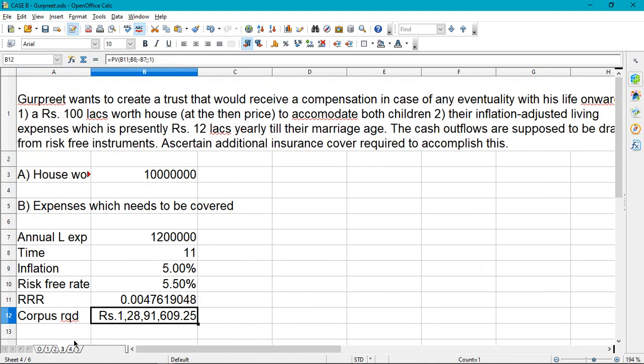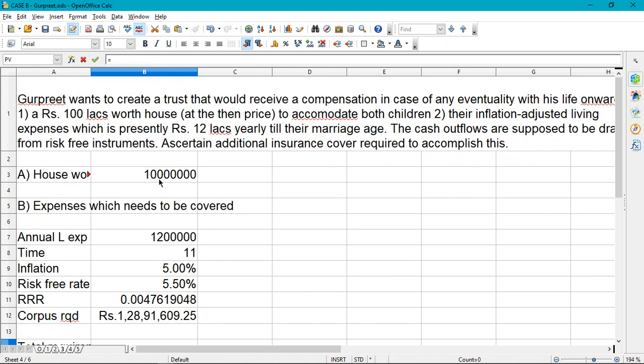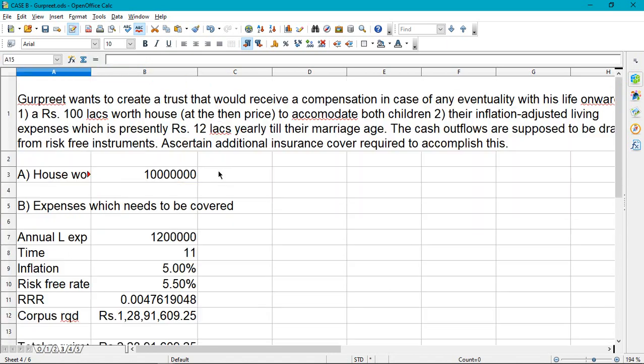So what is the total requirement of cover, I should say, which is this plus this. So these are the two criteria Gurpreet has provided, that these two things need to be taken care of if I die, right?